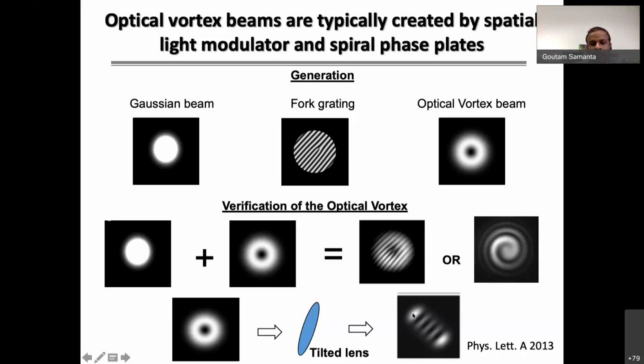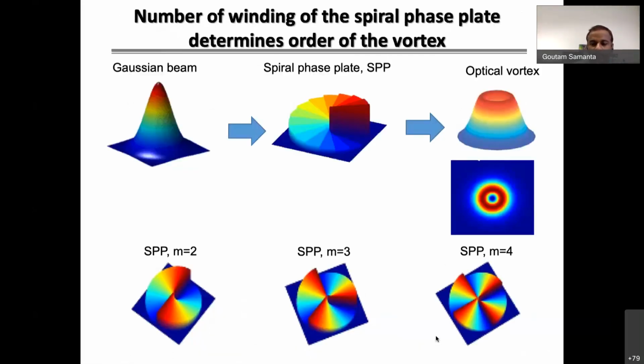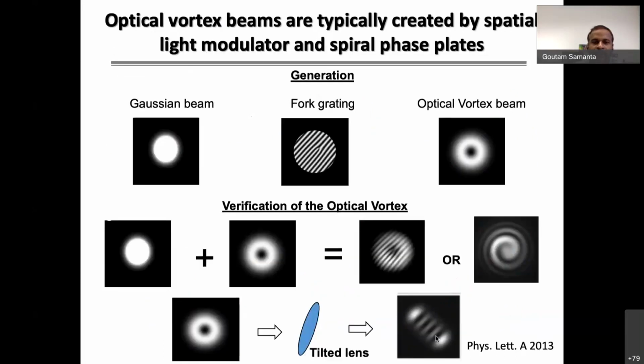Depending upon the optical vortex order, the number of lobes will increase. So if it is L, it will be L plus 1. So holographic techniques basically deal with this. Nowadays there are spatial light modulators, but those are devices with a very low damage threshold.